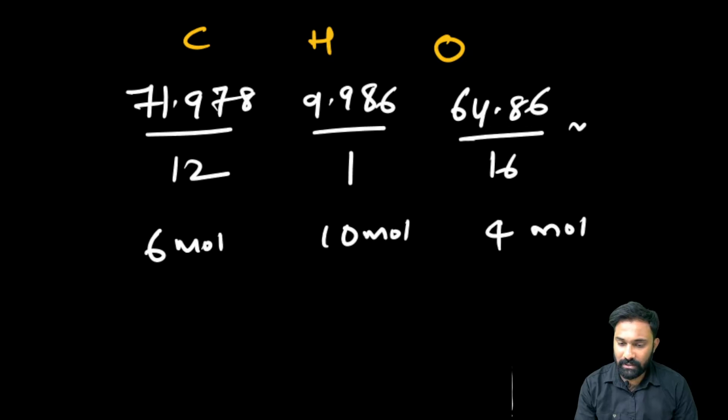Clear? Carbon has 6 moles, hydrogen has 10 moles, and oxygen has 4 moles, right?